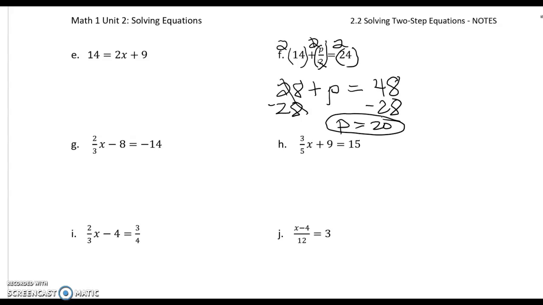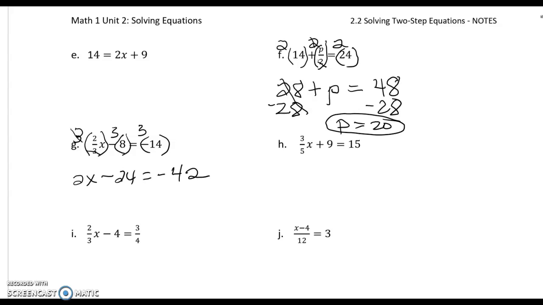So in situations like this, let's stick to the plan. And the plan is, if we want to clear out fractions in the beginning, and we do, we're going to multiply every term by a common denominator. There's only one denominator. It's 3. So we need to multiply every term by that 3.